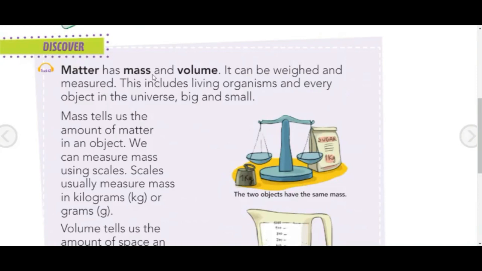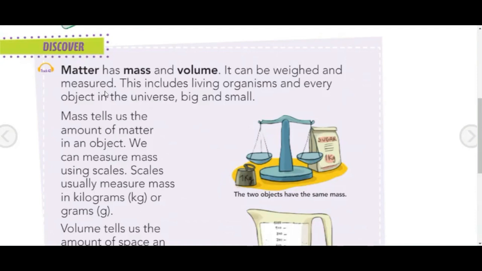Matter has mass and volume. It can be weighed and measured. This includes living organisms and every object in the universe, big and small. Okay, this part of the text means that everything can be weighed and measured.